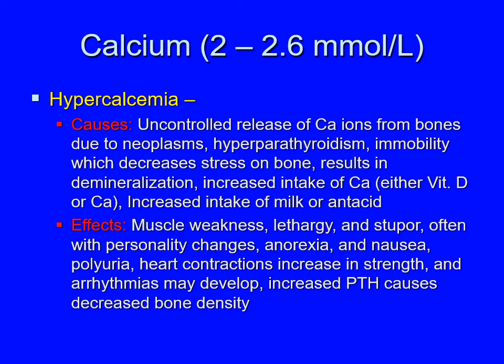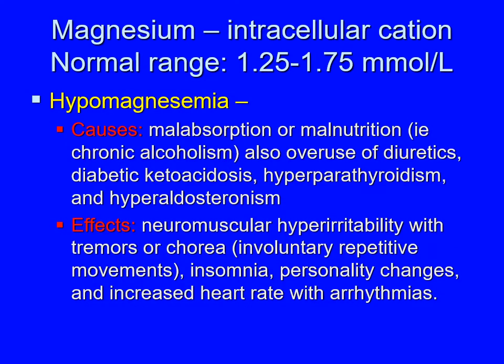So, too much calcium: muscle weakness, lethargy, and stupor, often with personality changes, anorexia, nausea, polyuria, heart contractions increase in strength, and arrhythmias may develop. Increased PTH causes decreased bone density. So, a lot of things can happen with calcium.